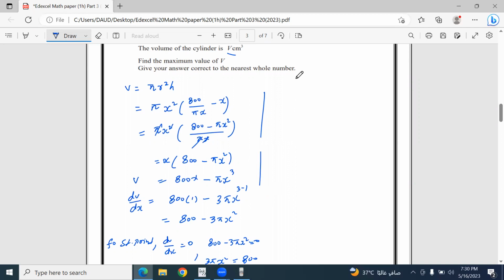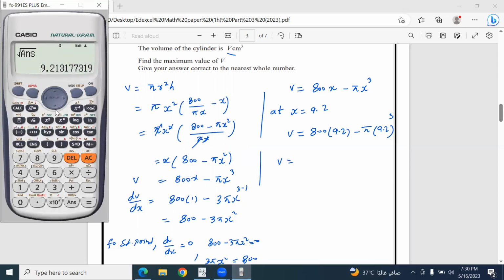So as we know, V is equal to 800x minus pi x cubed. So at x equal to 9.2, we can check V. 800 bracket open 9.2 minus pi 9.2 cubed, that gives us, we can check again in the calculator.